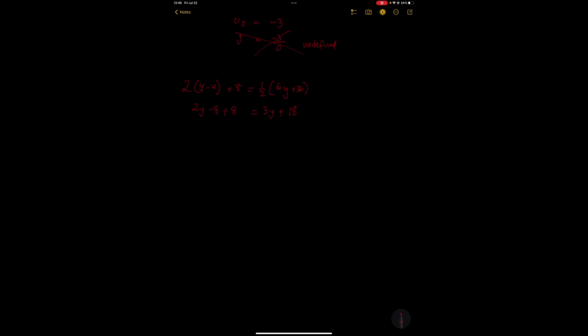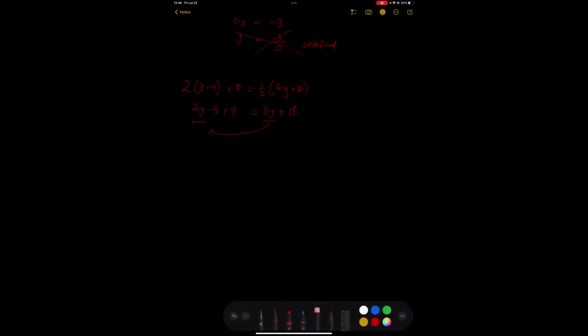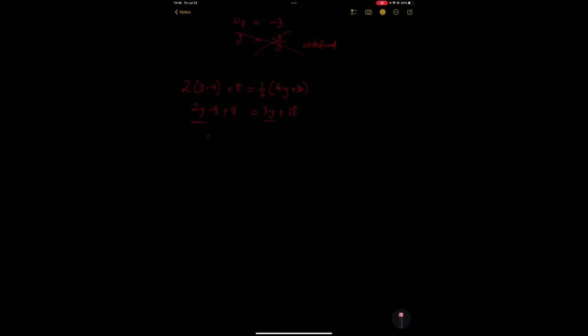In this case, I have a 3y and a 2y, so I'm gonna keep the 3y, because if I move it to the other side I'm going to get a negative number. So instead, I'm going to move the 2y to the right side. So I'm going to do minus 2y.